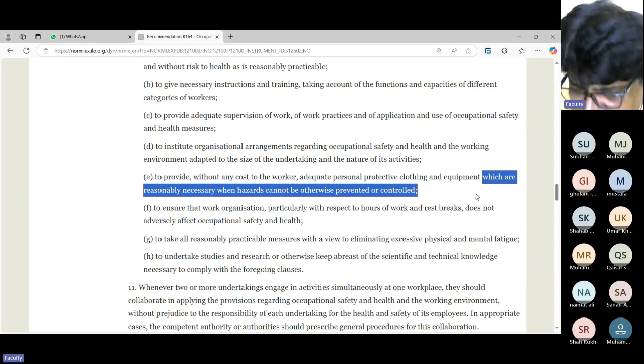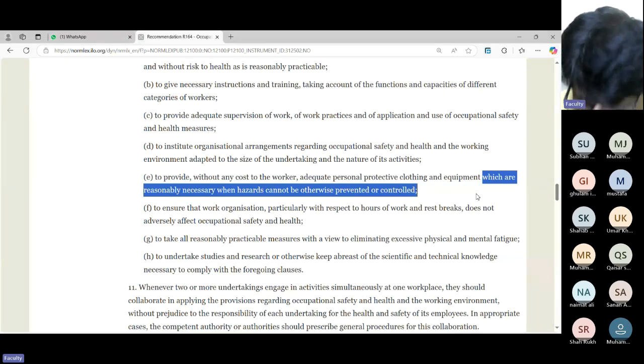You have to provide equipment which actually cuts down the toxicity, or when you cannot cut down the toxicity, you have to provide some external respirator like a SCABA or a supplied air respirator. That's all. Just for the sake of saying that I provided personal protective equipment, and somebody gives a normal dust mask, that is not acceptable. That is called reasonably necessary.